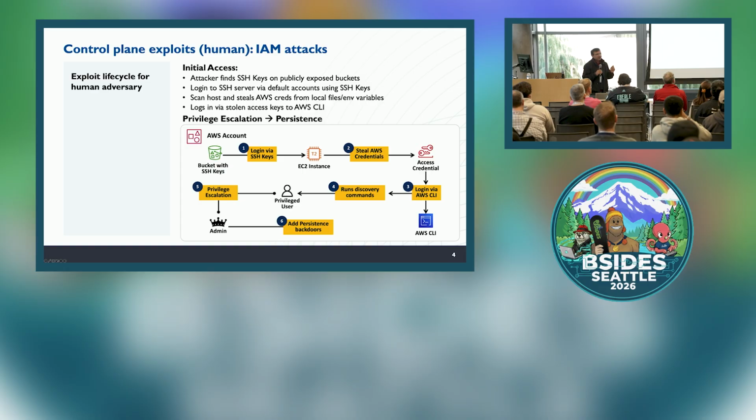So let's look at the attack lifecycle of an actual attack where the threat actor is a human attacker going after the cloud control plane and using identity exploits. Here is an attack kill chain. The attacker goes and looks for an S3 bucket, and on the S3 bucket they find a set of SSH keys. These SSH keys allow the attacker to get into the SSH server.